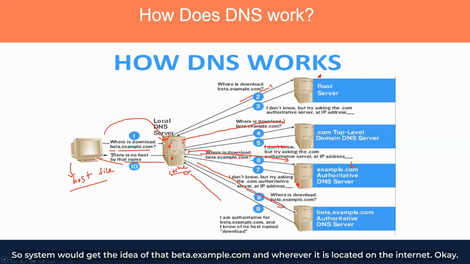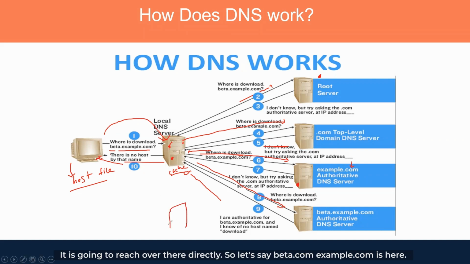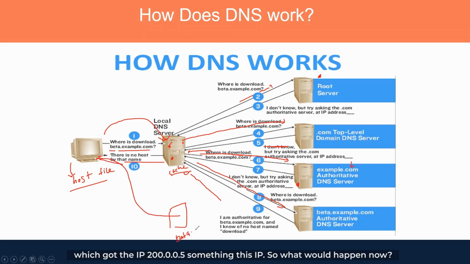So the system would get the IP of beta.example.com, and wherever it is located on the internet, it is going to reach there directly. So let's say beta.example.com is here, which got the IP 200.0.0.5, something like this IP.